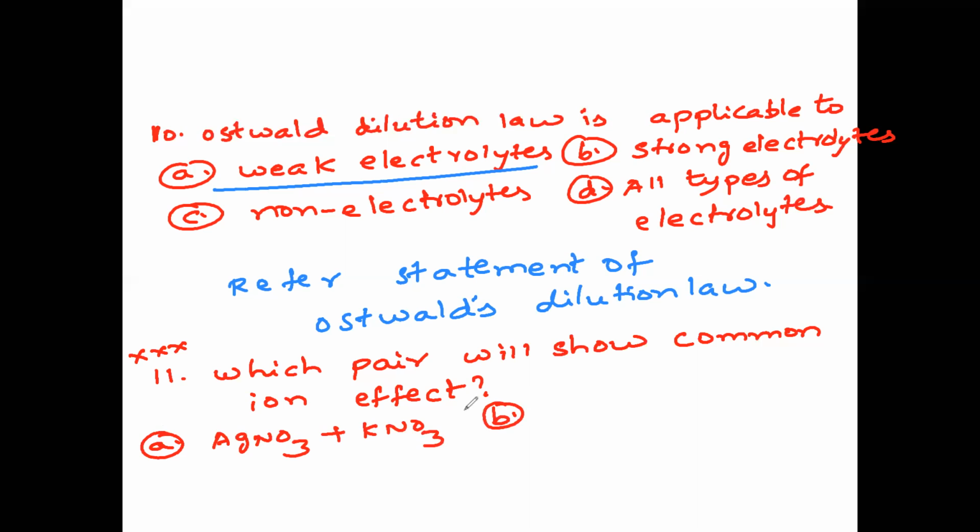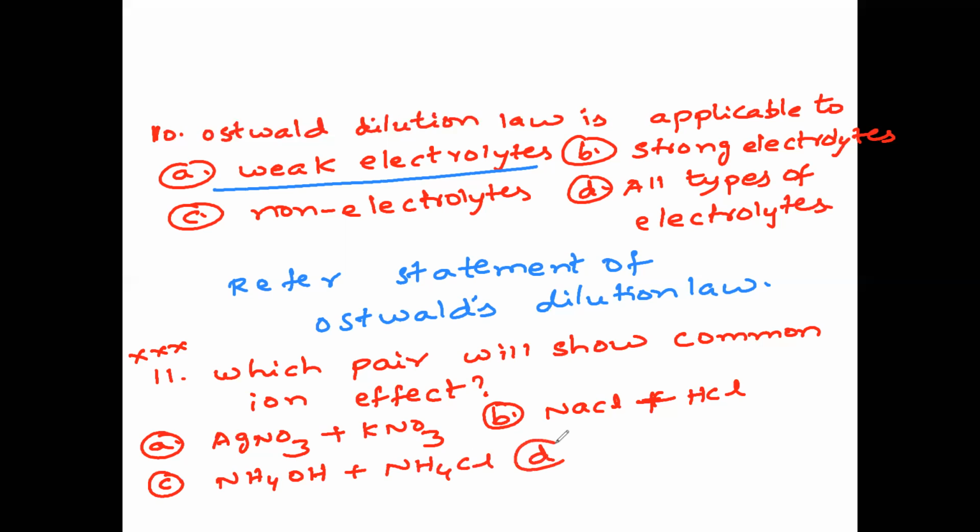Option B, sodium chloride plus HCl. Option C, ammonium hydroxide plus ammonium chloride. Option D, barium chloride plus barium nitrate.